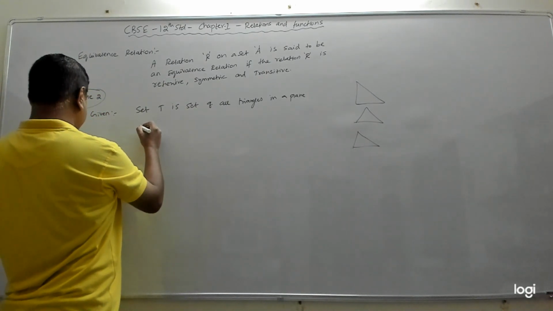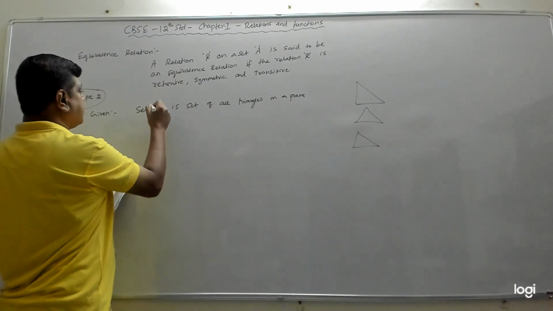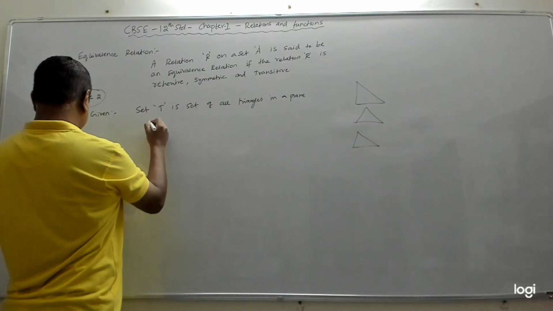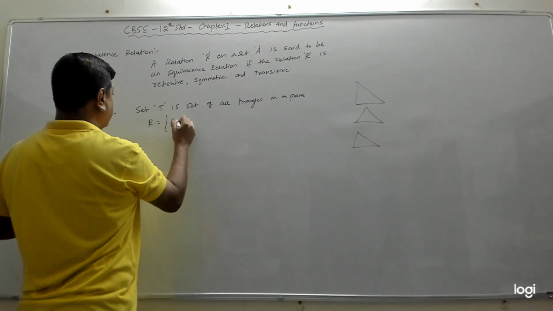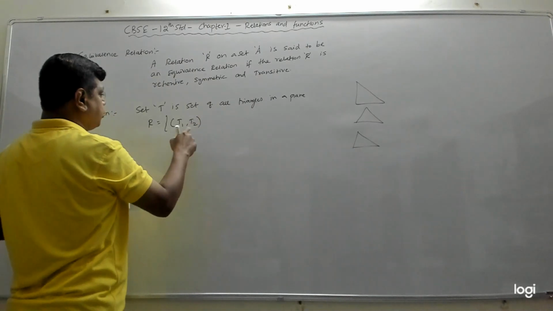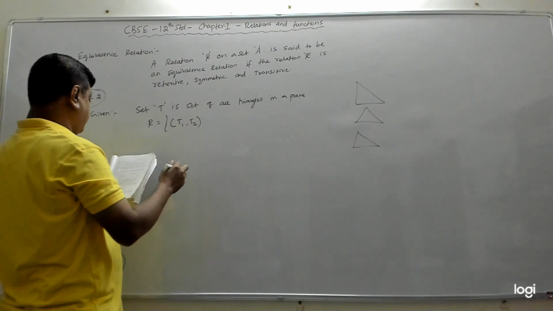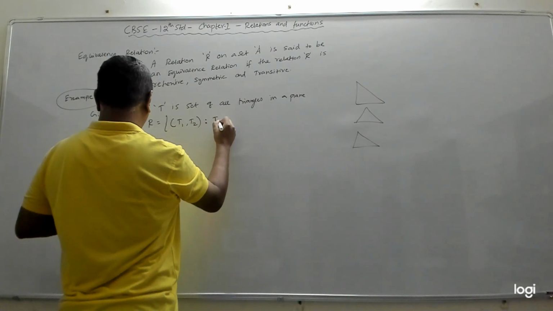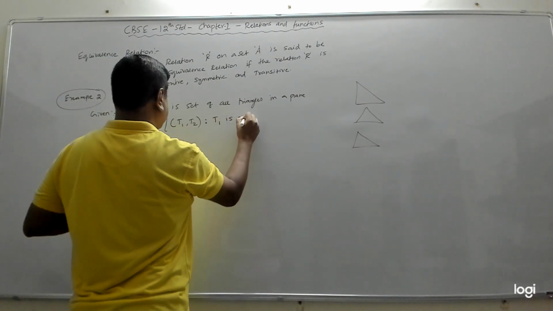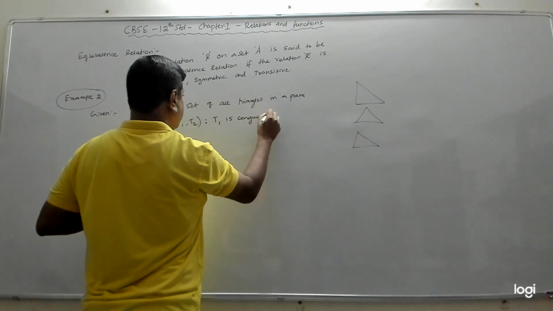Then there is a relation defined on this set T. R is defined as the set of all (T1, T2), two triangles T1 and T2, related if and only if T1 is congruent to T2.